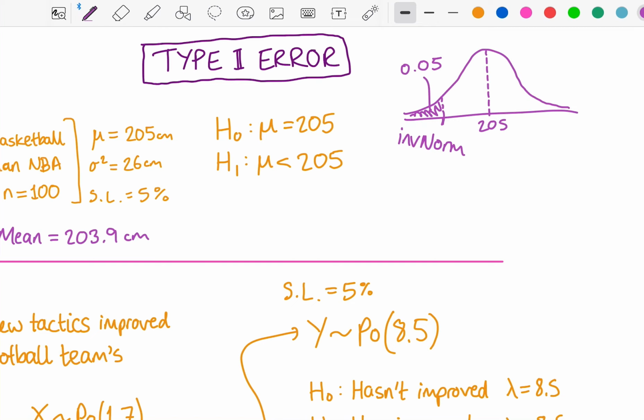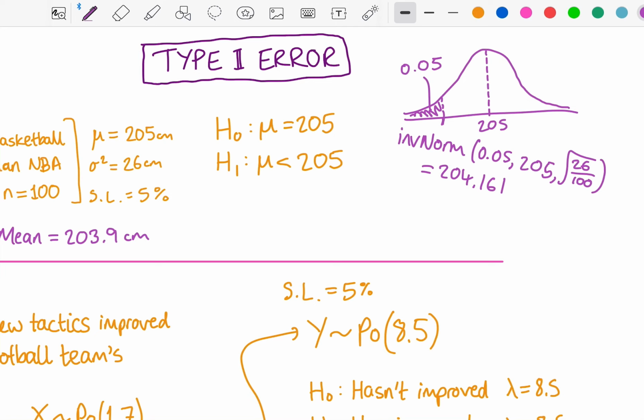So it's inverse norm with 0.05, 205, and the square root of 26 over 100. The standard deviation of sample means is greatly reduced from if you were measuring one player, for example, and for that reason it gives you something quite close to 205, 204.161.